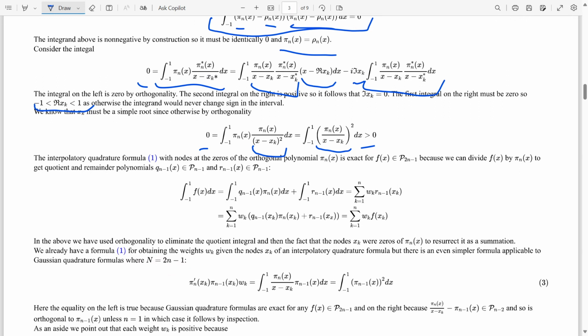Now I'm going to start with any f of x, a polynomial of degree at most 2n minus 1, and I'm going to divide by pi n of x to get a quotient and a remainder polynomial.